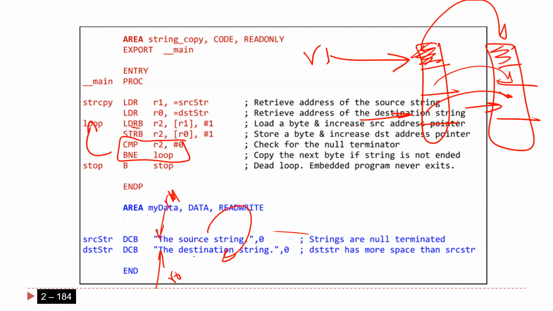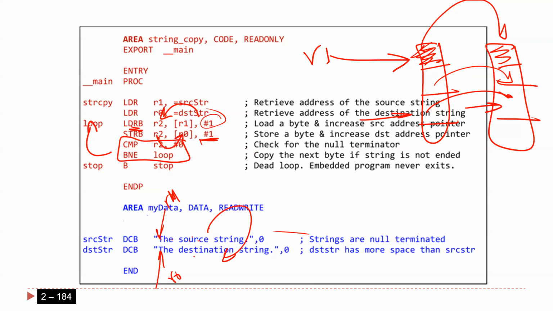Number 1, I'm going to read the byte pointed to by R1, and increment R1. And then I'm going to store this byte in the location pointed to by R0, and increment R0. So in every iteration, I'm going to copy a byte from one array to another array, and then increment the 2 pointers. I did it this way.